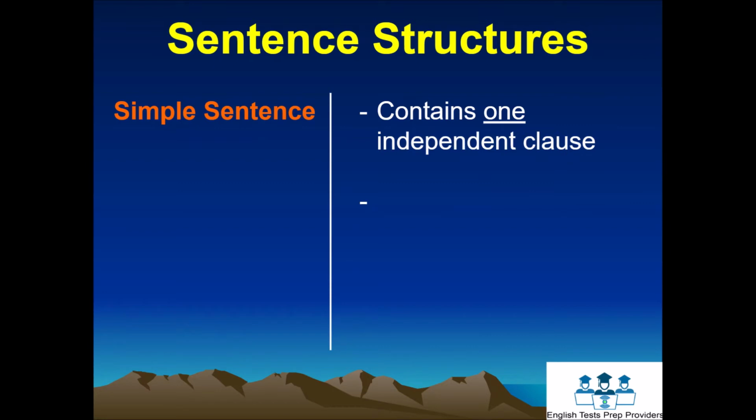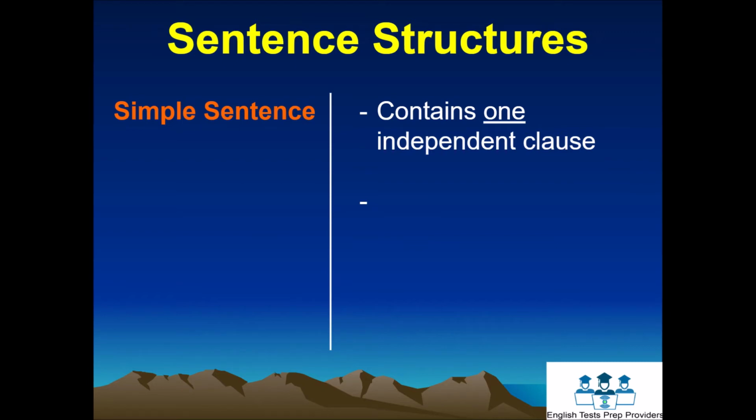Now let's talk about simple sentence. Remember, we define a sentence as a group of words that expresses a complete thought and idea. And there are 2 main parts of a sentence, the complete subject and the complete predicate. When we say simple sentence, it contains one independent clause. An independent clause is a sentence that has meaning, that has a thought.